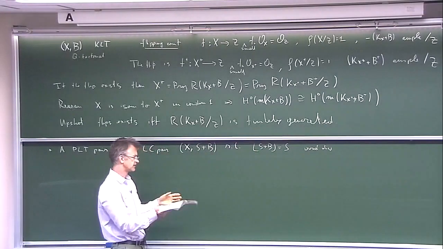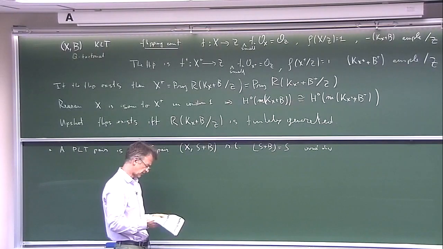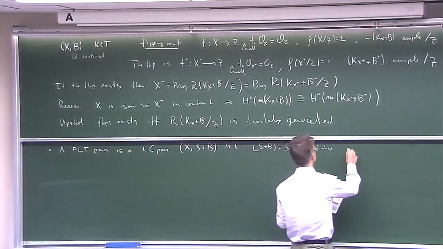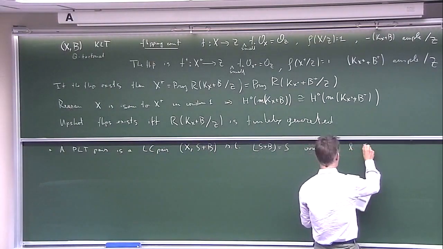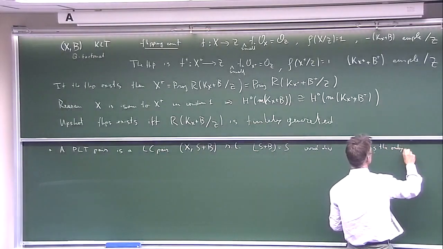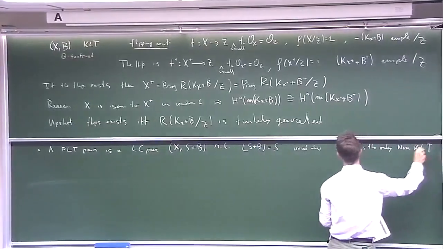You could assume that it's reducible, but the components are disjoint. But we can just assume that it's irreducible for our purposes. And S is the only non-KLT place.